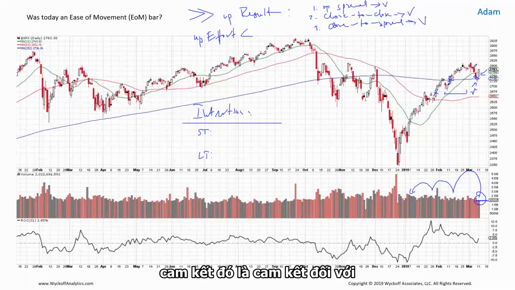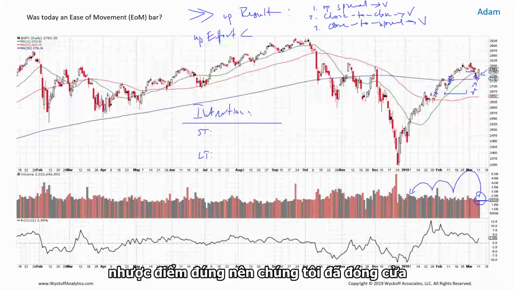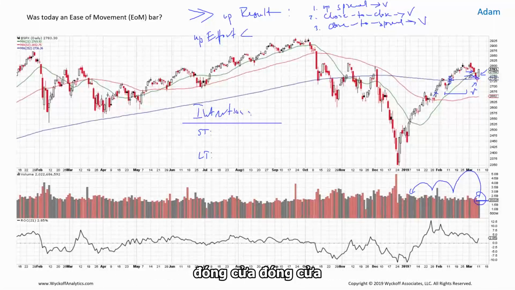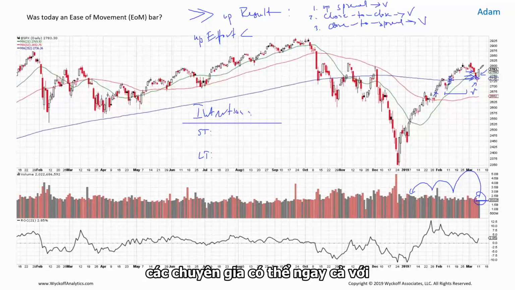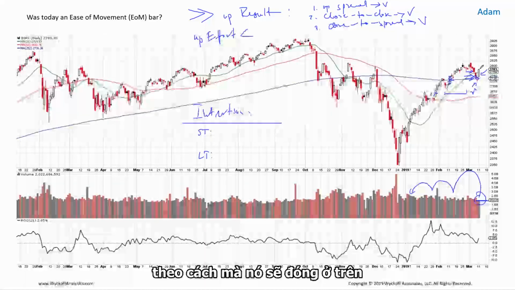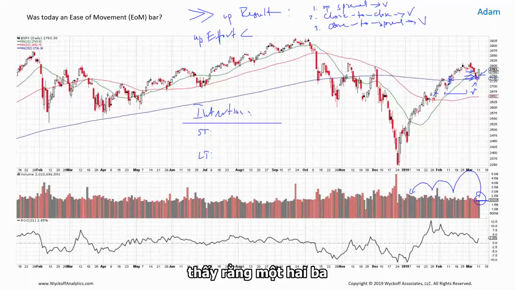What was that commitment? It was commitment to the downside, right? So we had closes down, close down, close down. Are we committing above those closes? Could the professionals, even with minimum effort, push the price in such a way that it's going to close above previous closes? And we could definitely see that, 1, 2, 3.